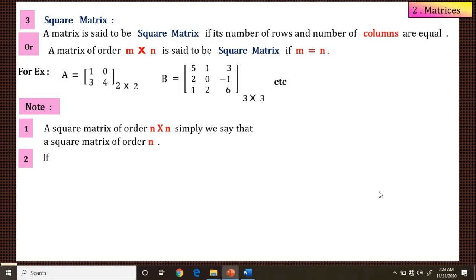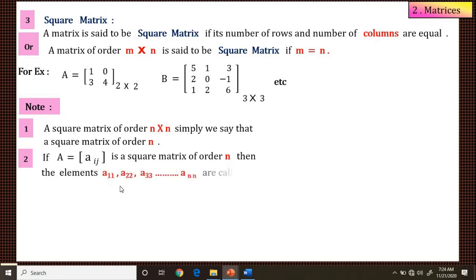And the second point: if A is equal to [Aij] is a square matrix of order n, then the elements A11, A22, A33 and so on, Ann are called the diagonal elements of the square matrix.